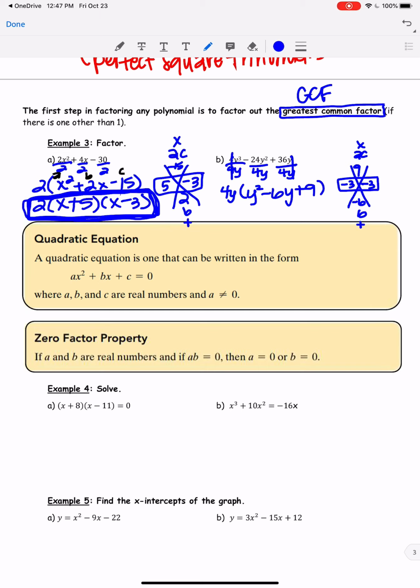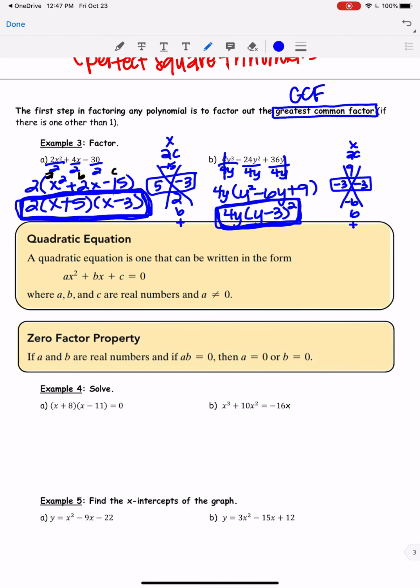So because those are going to be the same, I know this is going to be a perfect square trinomial. And so I'm going to skip that step of writing them separate. So my answer is just 4y and then parentheses y minus 3 quantity squared. Okay, if you need that extra step of writing a y minus 3, and then pushing them together, you can, but not necessary.